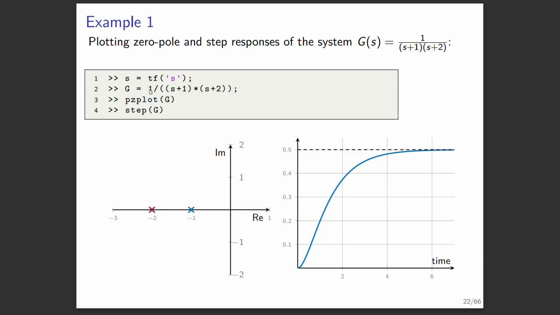Here I've used method 1, define my system g, and then pzplot g, and then step g. So it's going to plot for me the step response, and it's also going to show me the pole zero location, or the plot for poles and zeros.